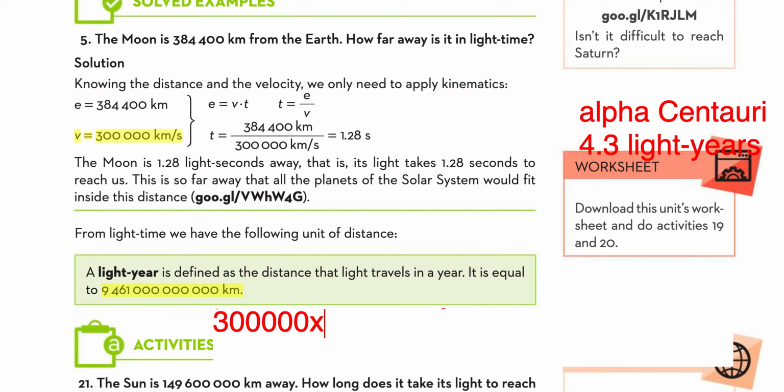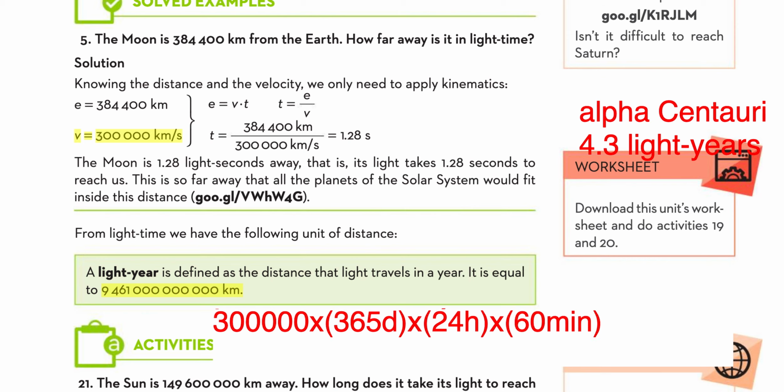And how can we get that? Well, in 1 year, as you remember, there are 375 days. And in every day, we get 24 hours. And in just 1 hour, we get 60 minutes.